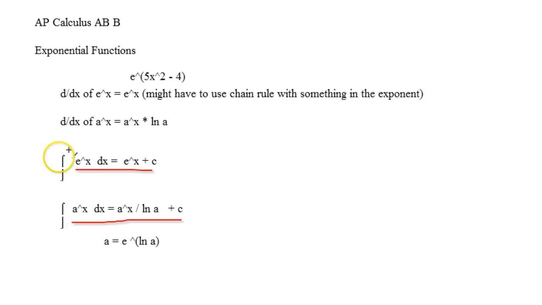I love how this stuff works. The key is u substitution, replacing a with e to the natural log of a, and once you start working it out, it makes all kinds of sense.